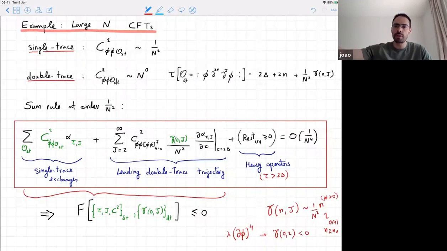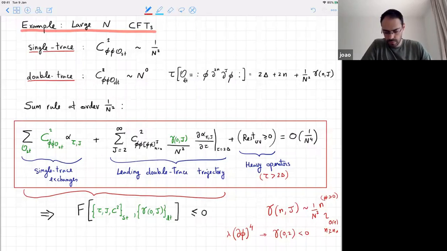You have to invent new operators with twist less than 2 delta, twice the mass of the lightest particle. We don't know of operators like that in string theory, in reality.